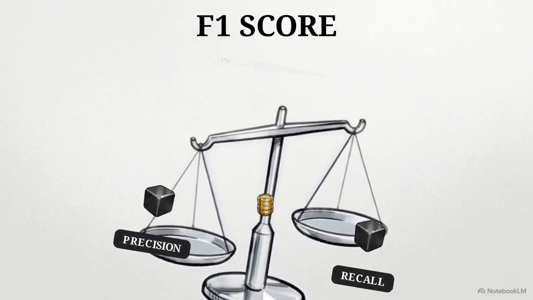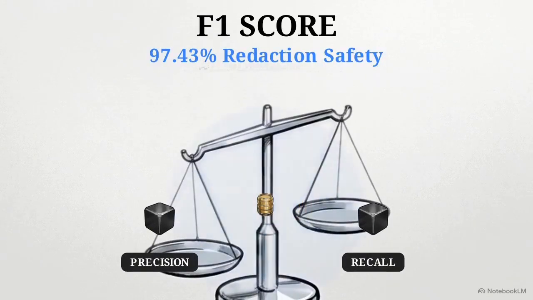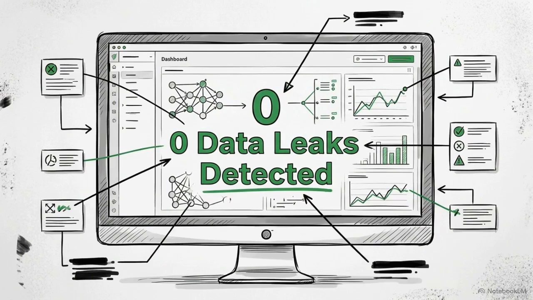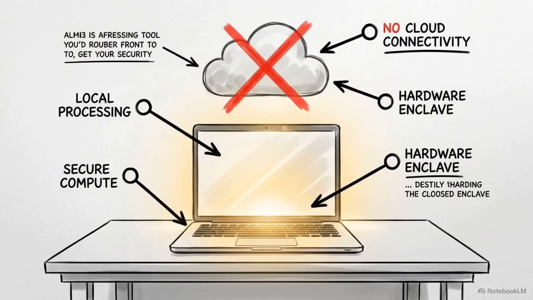The F1 score, the harmonic mean that balances precision and recall, is the standard metric for assessing redaction safety. A 97.43% score indicates the system can capture sensitive data while minimizing the risk of the data leaks common in legacy scripts. This accuracy was achieved entirely under the strict constraints of local, off-network execution. These results show that high-fidelity redaction is now possible without a connected cloud server.